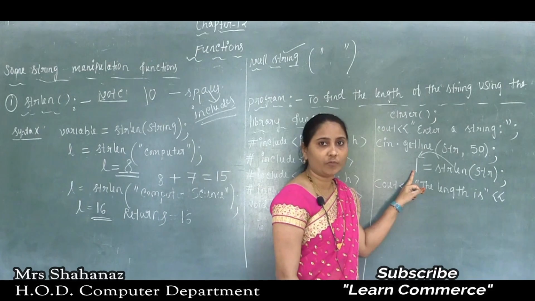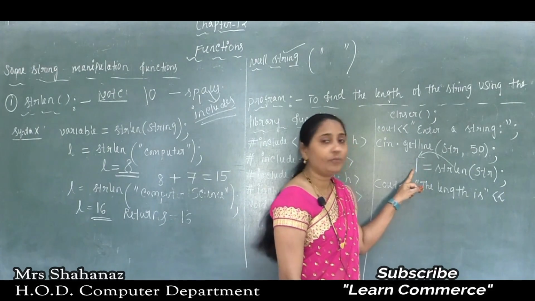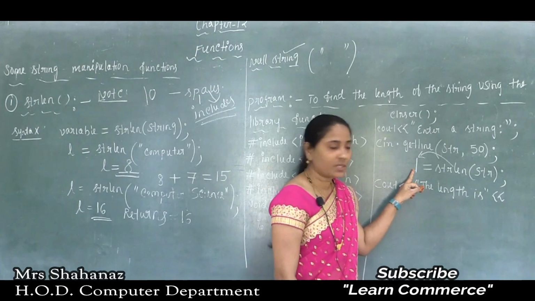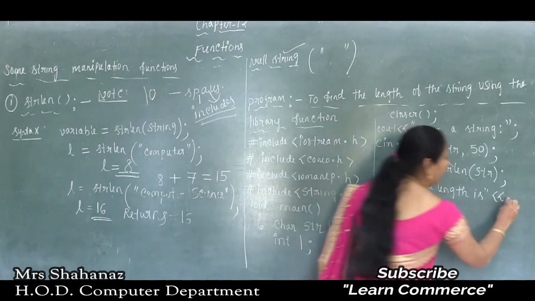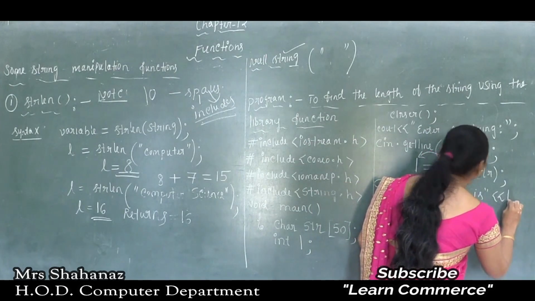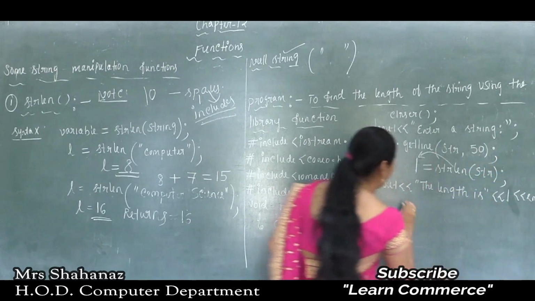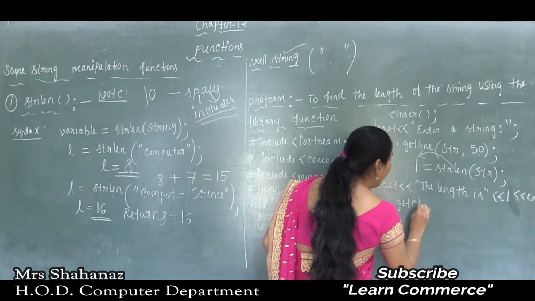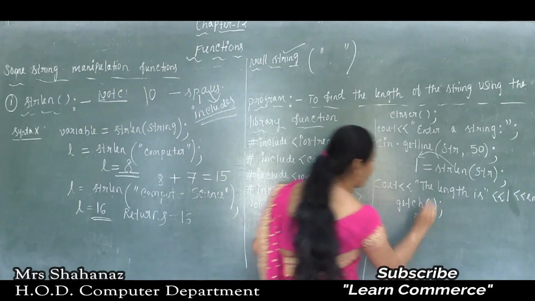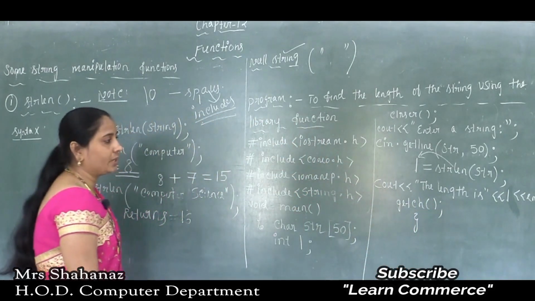All that information is now in the variable L, so I write cout << "the length is" << L << endl; and then closing the curly bracket, and getch(); and closing the curly bracket.